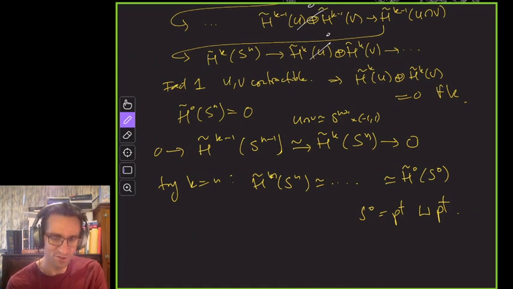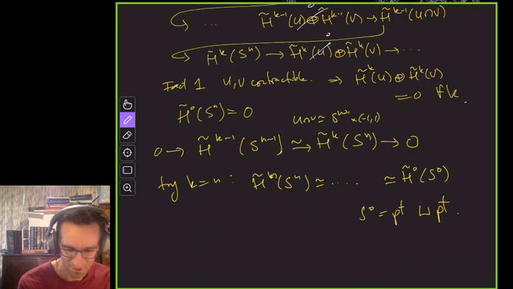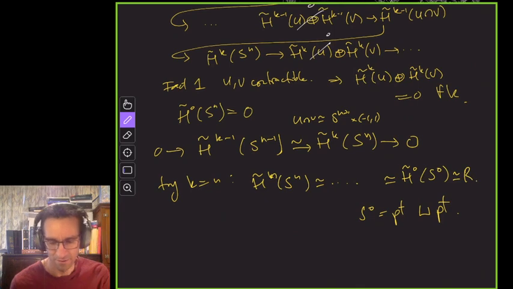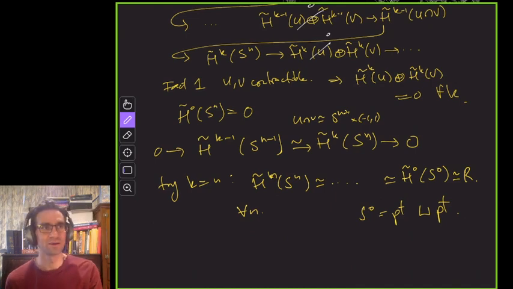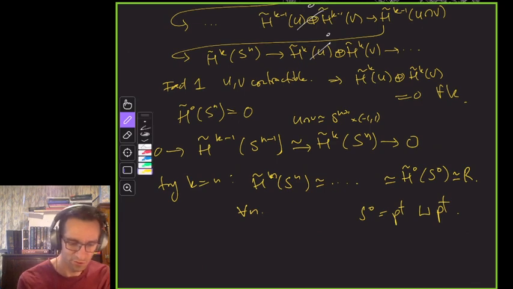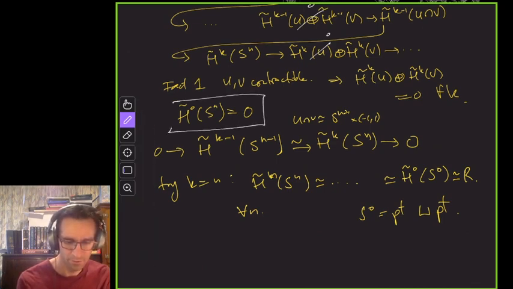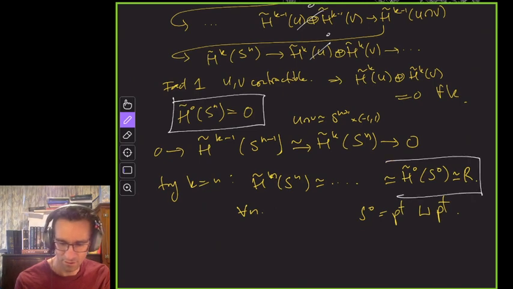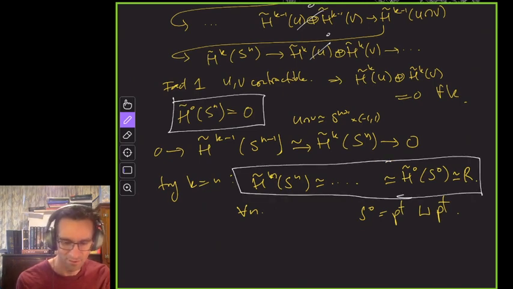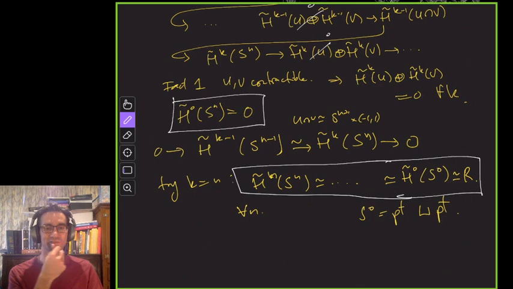Cohomology plays well with disjoint unions because it maps out. There's a reason; I'll maybe cover this elsewhere, but you can write down what the reduced cohomology is. This is equal to R, so it's for all n. Okay. Bam. That's pretty impressive. So we've got that one, that one.